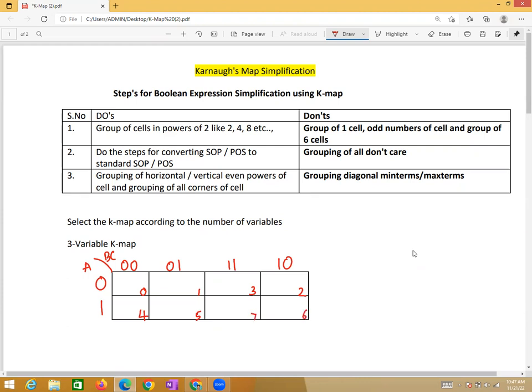This is the way we allot the cell numbers for a 3 variable K-map.